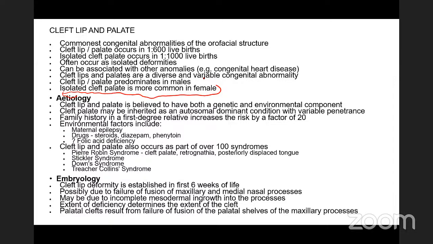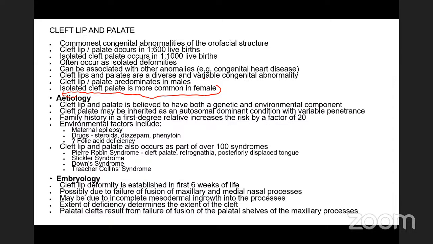Now, what is the etiology? Cleft lip and palate is believed to have both genetic and environmental components. Cleft palate may be inherited as an autosomal dominant condition with variable degree of penetrance, okay? Family history in first-degree relative increases the risk by a factor of 20.